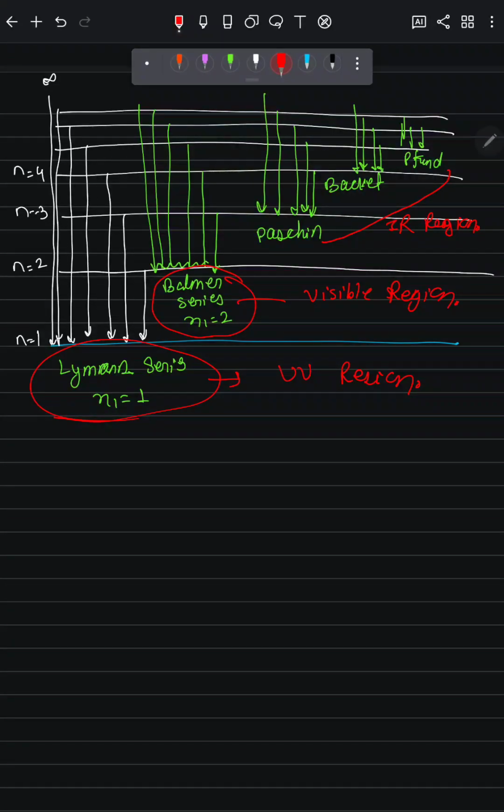This is called the energy level diagram for the Lyman series, Balmer series, Paschen series, Brackett and Pfund.